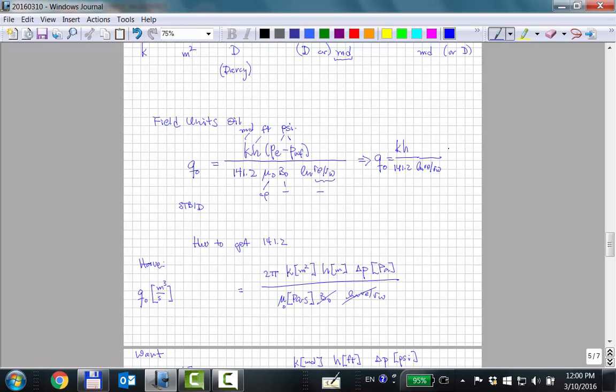Those are the only things that are constant. And then we have to multiply that by the integral from Pwf to Pe of the relative permeability to oil over mu o Bo dP. Okay, because the oil relative permeability gets worse and worse as you lower the pressure below the bubble point. Gas coming out of solution, oil saturation is going down.